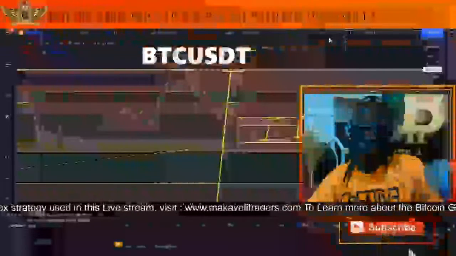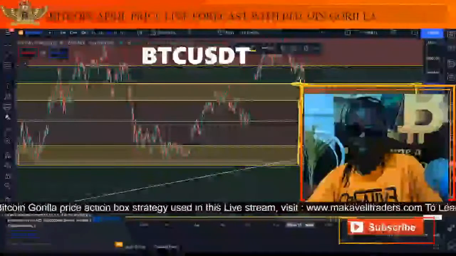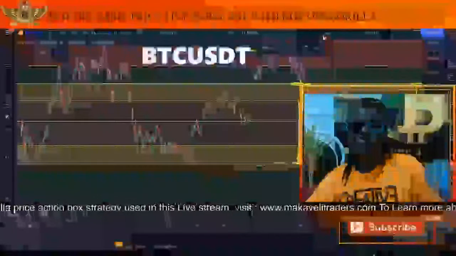So we have a 4 hours breakout on my box, but because the main challenge is on the daily box, because the main movement up and down is within this range, that box is the most important box, which is the daily box.